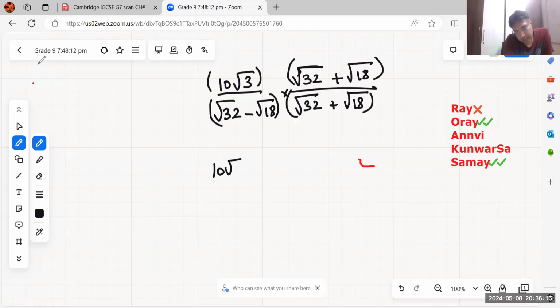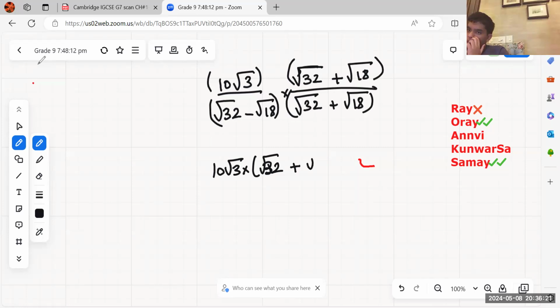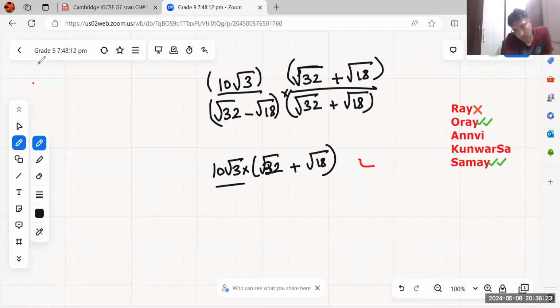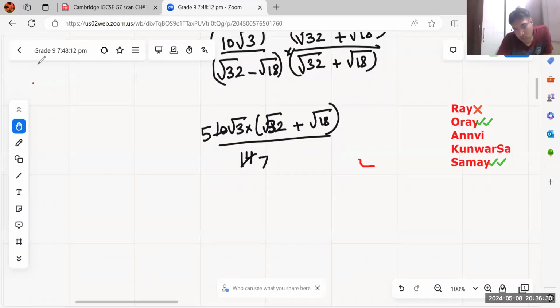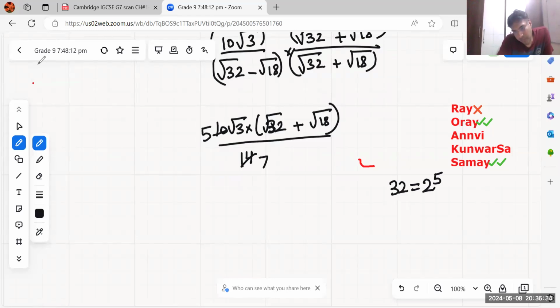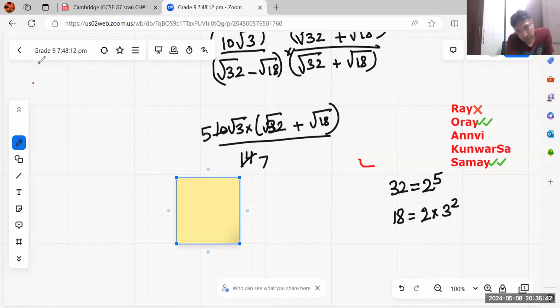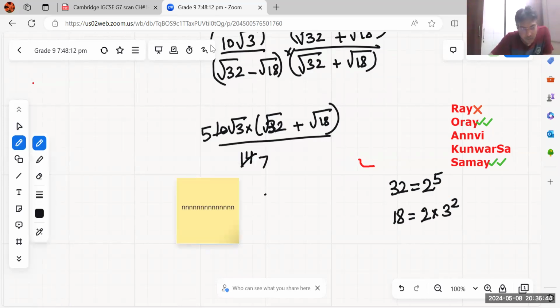I will get 10 root 3 times root 32 plus root 18 upon 14. Yes. We will get 5 upon 7. Then root 32 is 2 to the power 5. 18 is 2 into 3 square.